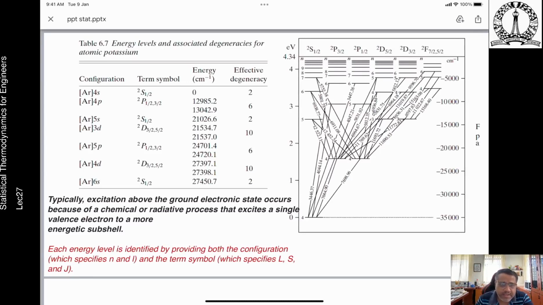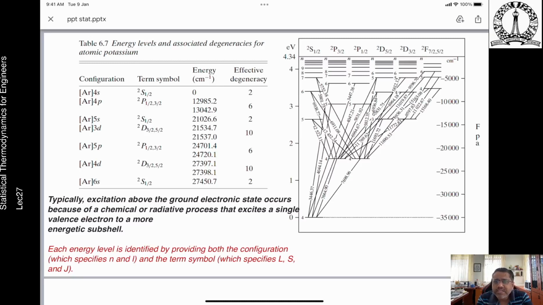Similarly, when you look at the other configurations, these are the electronic energy levels of potassium, the level diagram. Each energy level, as we can see, is provided by both the configuration, which is n and l, and the term symbols, which provide L, S, and J. That's why you have a doublet state here with a degeneracy of 6.